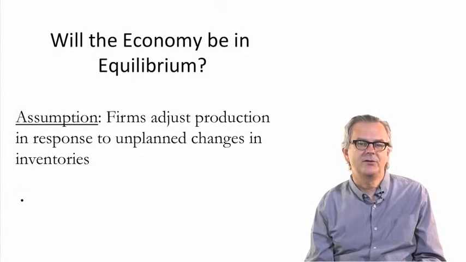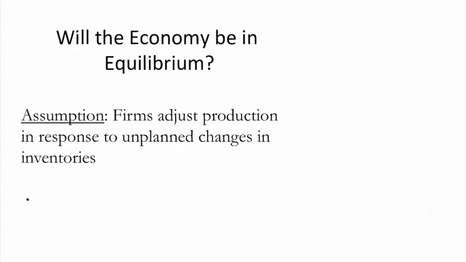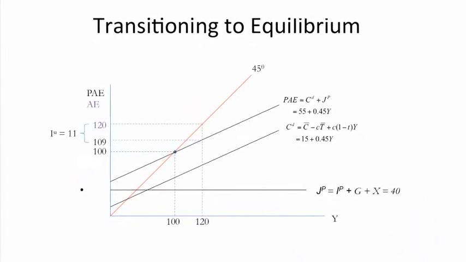So firms are assumed to respond very systematically to unexpected changes in inventories. And that assumption is going to be absolutely key to understand what I've called the transitioning to equilibrium, where what we're really doing here is answering the question, will the economy eventually be in equilibrium? Or would we expect the economy to be in equilibrium? Take the following example.